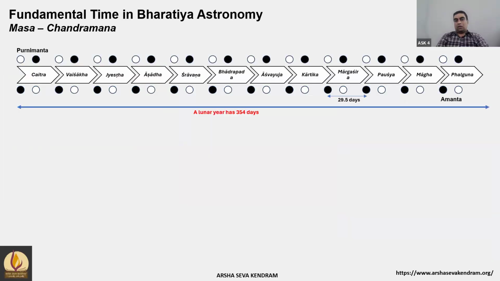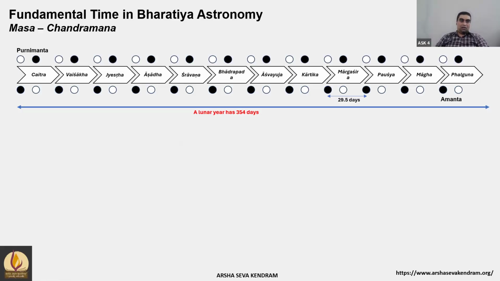So now, we saw this, right? So we have the 12 months in the Samvatsara: Chaitra, Vaishaka, Jyeshta, Ashada, Shravana. So there are 12 months in 1 year, right? Now each of these months will have a full moon and a new moon. Now in a Purnimanta system, we consider that the month starts with a full moon.